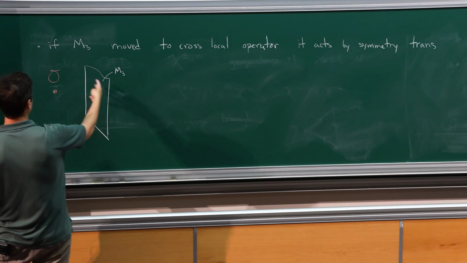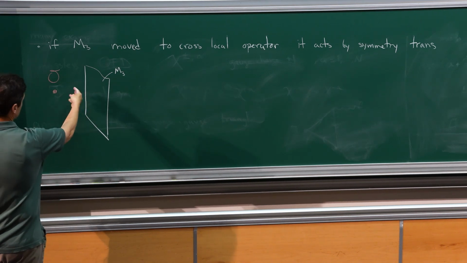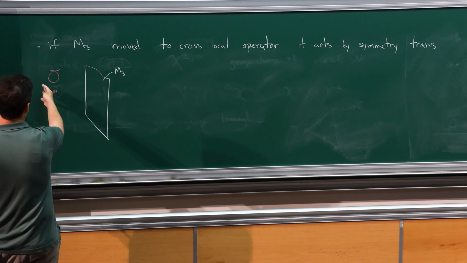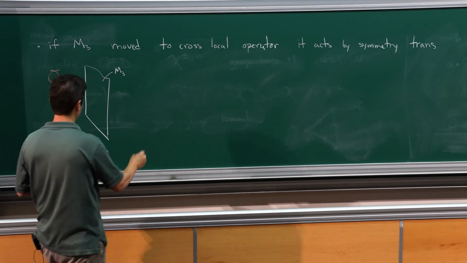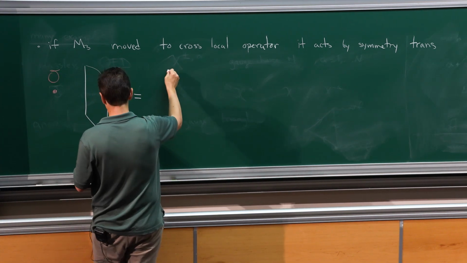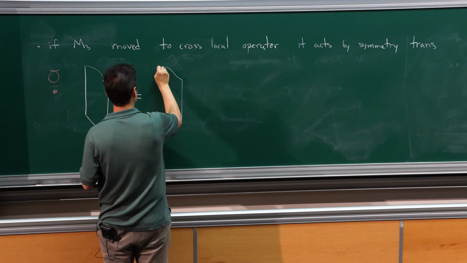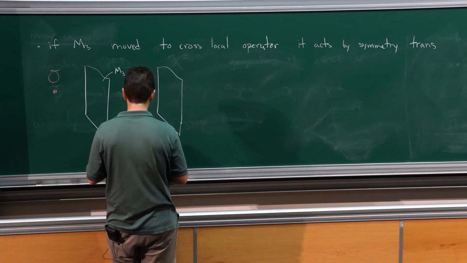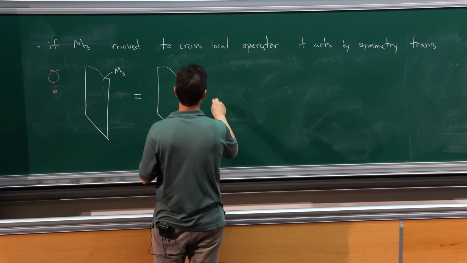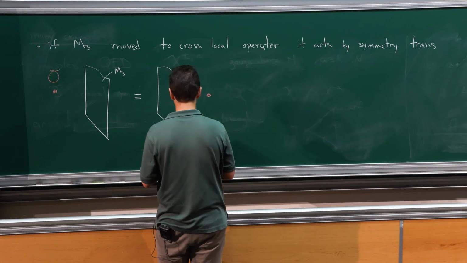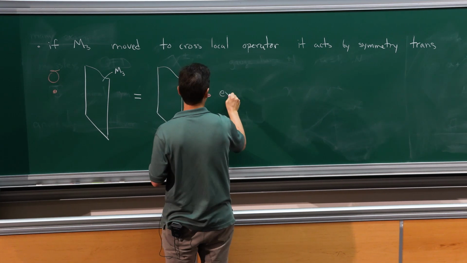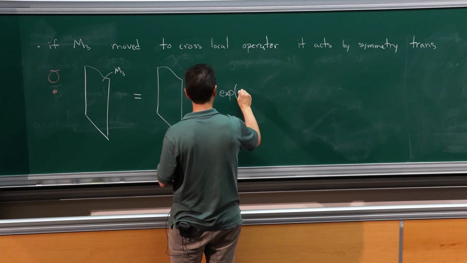So you try to move it. You can do little wiggles, no cost, but when you move it across O, something happens. Pick up a phase.